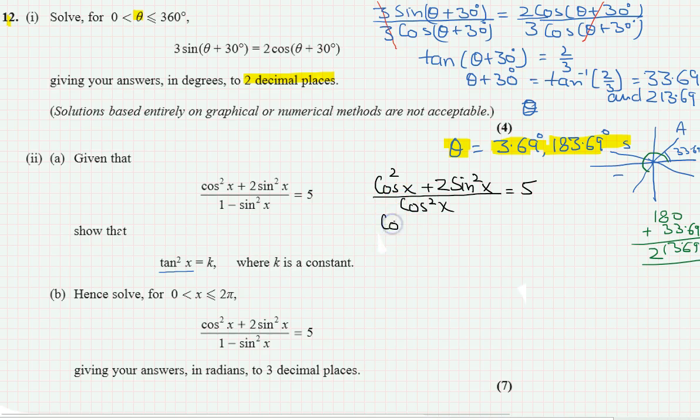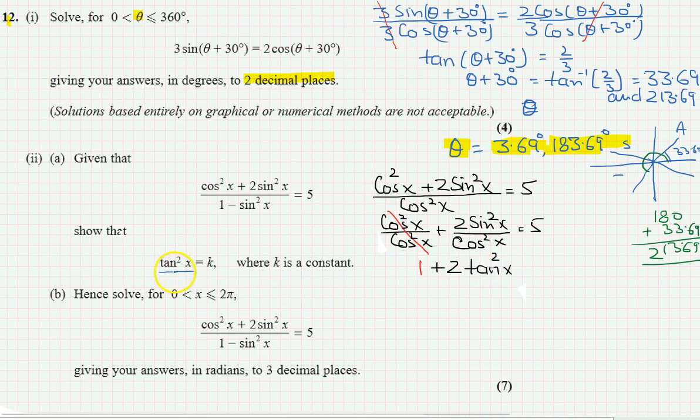Now we divide by cos square x. Cos square x divided by cos square x plus 2 sine square x by cos square x. Cos square x over cos square x is 1, plus sine square x over cos square x, so 2 is here.